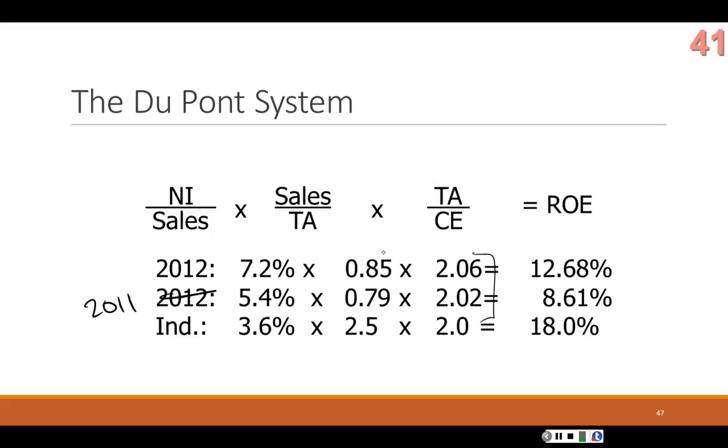Total asset turnover has varied a little bit. A large change has been profit margin. So the profit margin has significantly increased in 2012. If we compare this to the industry, we can see where our numbers are drastically different. In 2012, our profit margin was double the industry, but our asset turnover was less than half that of the industry.